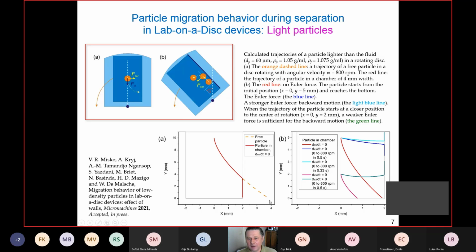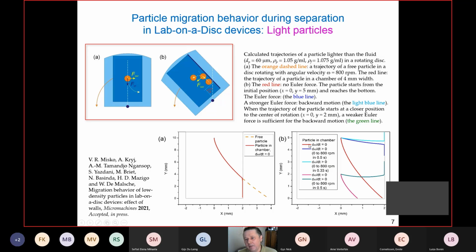We have a numerical calculation. We just solved the equations which were shown before for different situations, and this is for light particles. If the particle just moves without any border, it will follow this orange line. And if it meets the wall, it will follow the line as predicted before in those cartoons. And now, an interesting point, when the particle moves back.